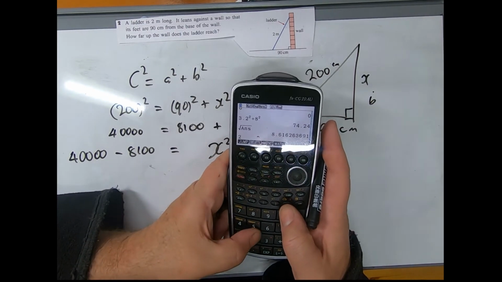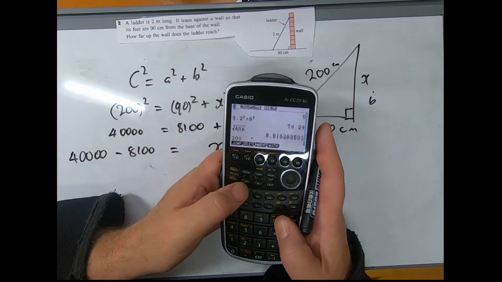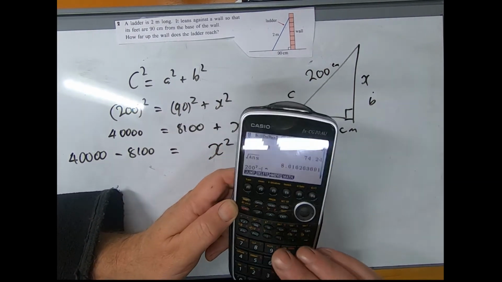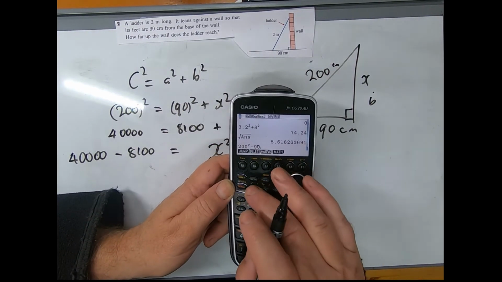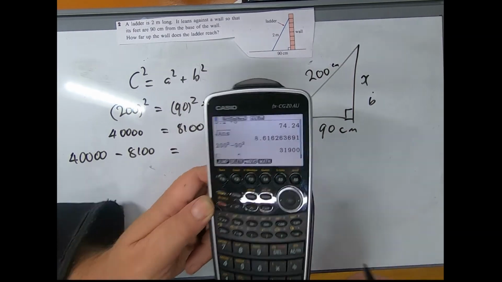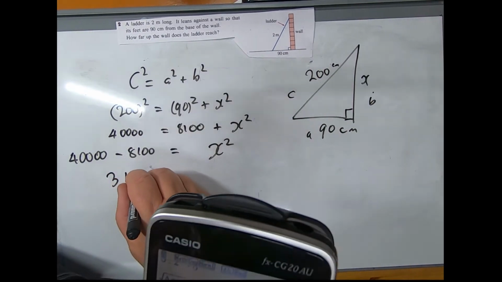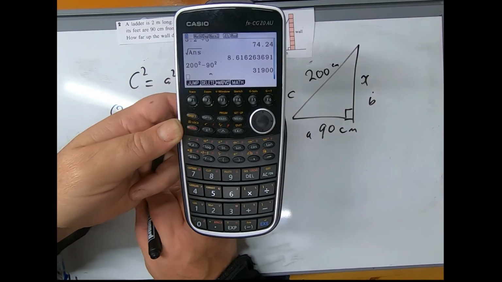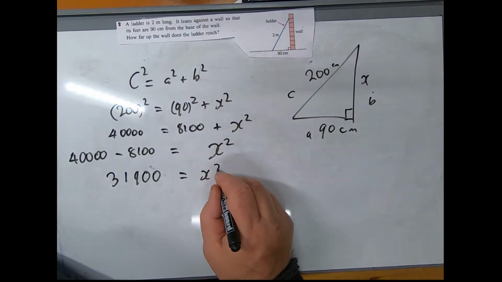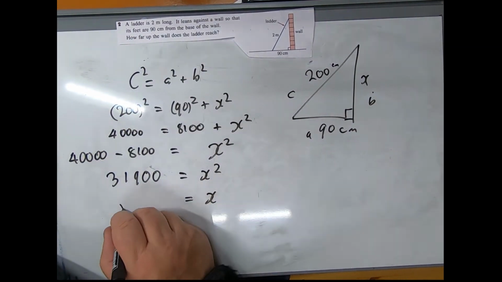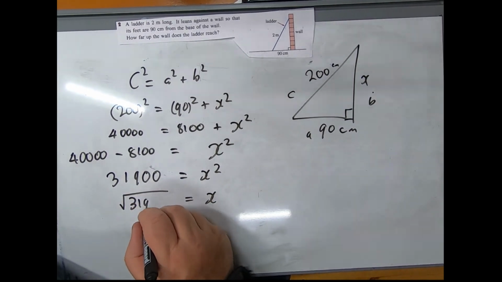So I'm actually going to go 200 squared, subtract 90 squared, just to see if I made a mistake along the way, getting 31900 equals x squared.